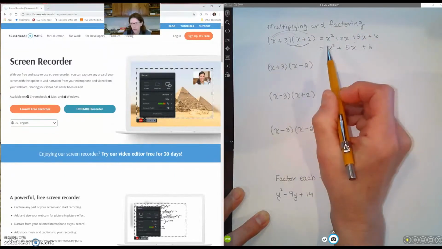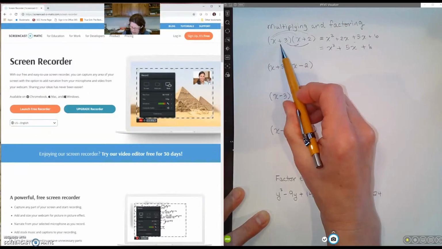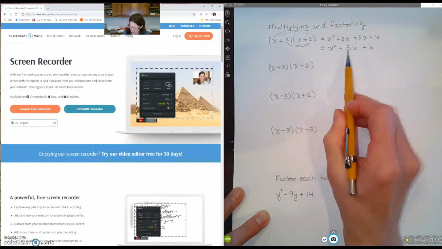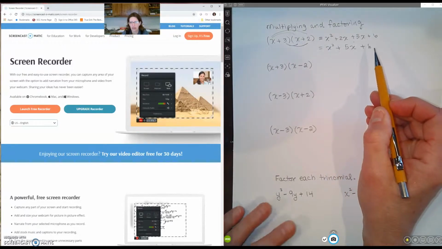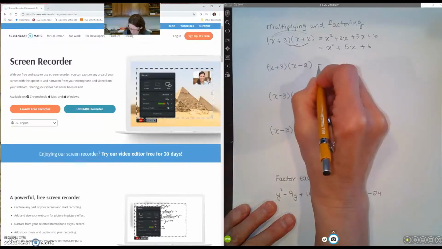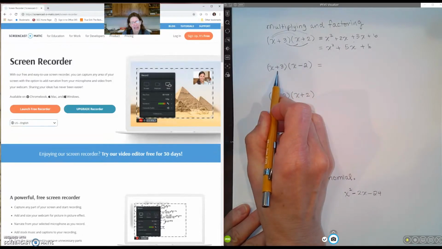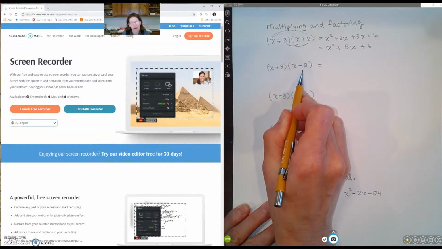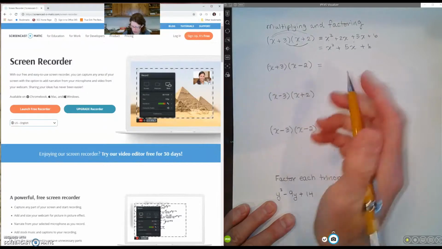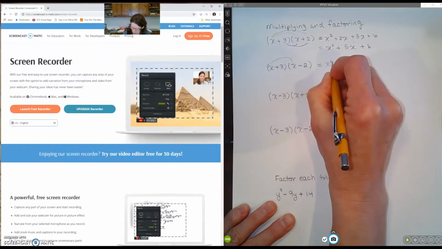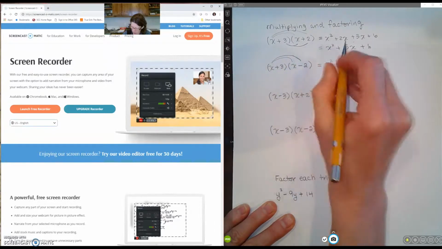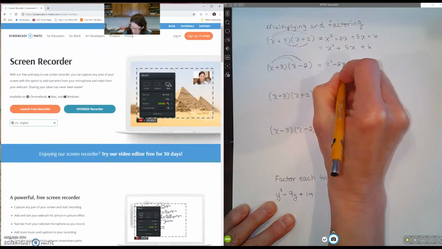So notice when we multiply binomials that both have plus symbols, we get all plus symbols in our product, which is a trinomial. Now with our second form, we're multiplying x plus 3 times x minus 2. Let's see how that changes the signs of our product. X times x is x squared. Our outer product is minus 2x.